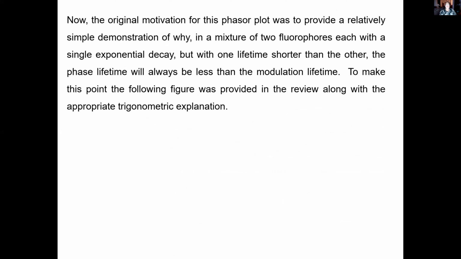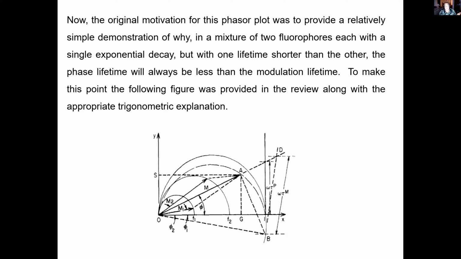The original motivation for this phasor plot was to provide a relatively simple demonstration of why, in a mixture of 2 fluorophores, each with a single exponential decay but one lifetime shorter than the other, the phase lifetime will always be less than the modulation lifetime. To make this point algebraically is very complicated, but you can do it relatively simply using trigonometry in the phasor plot. This was also in the paper, to show why the phase lifetime would be less than the modulation lifetime.